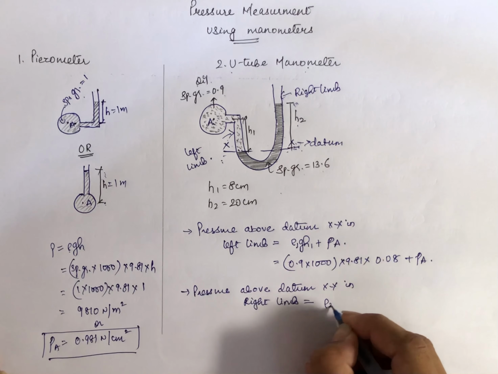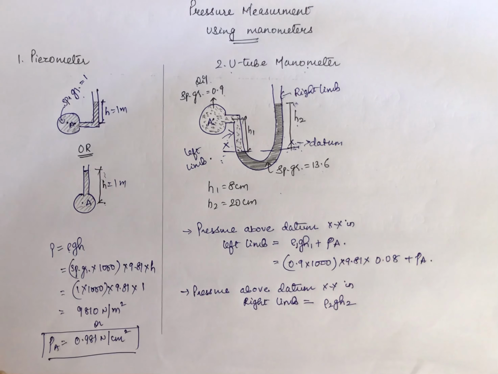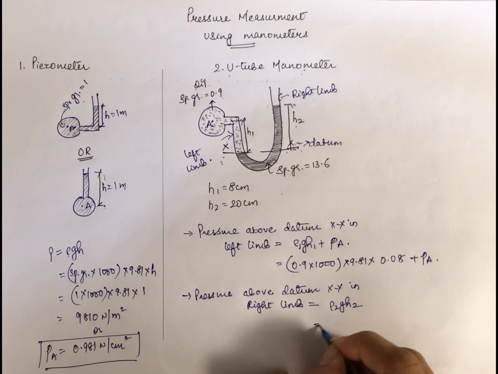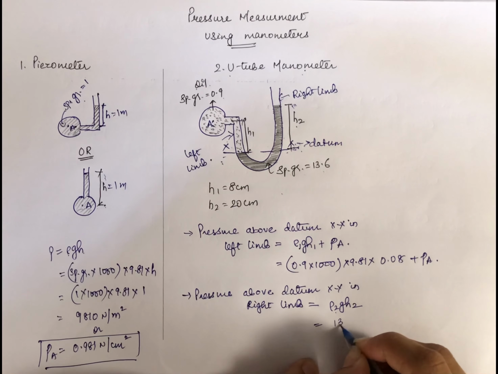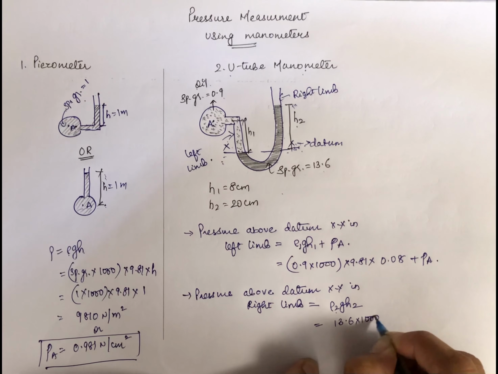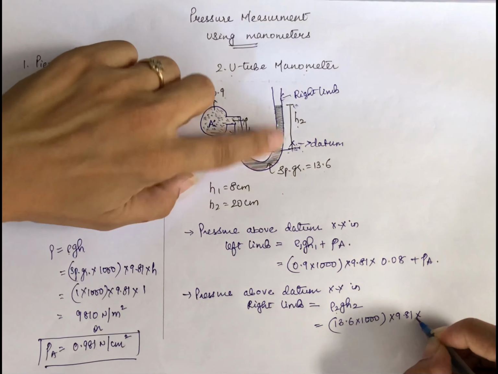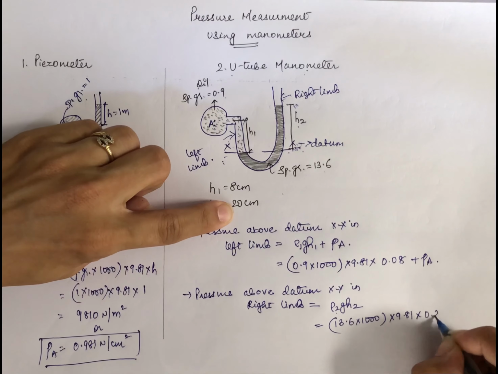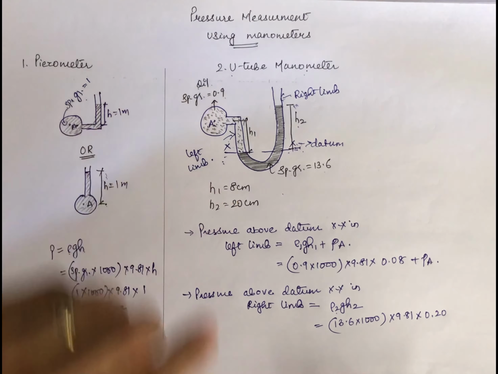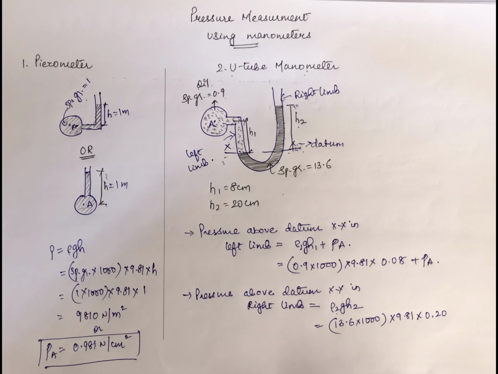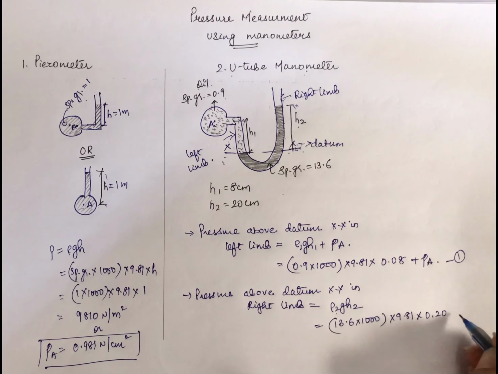So rho 2 G H2. The value of it will be rho 2, which is 13.6 into 1000, into 9.81 into H2. How much is H2? 20 centimeters, so 0.20 meter. Now comparing equations 1 and 2, what will we get?